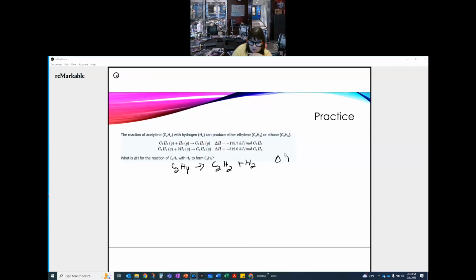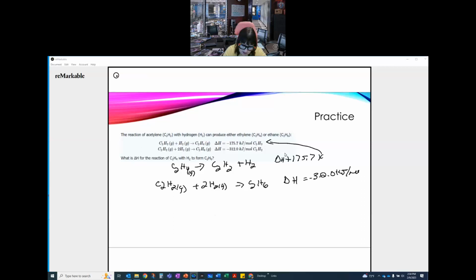That delta H is positive 175.7 because I reversed it. So I've changed this first one to give me that. And when I do that, I then take this C2H2 gas plus 2H2 gas to give me C2H6. This delta H equals negative 312.0. And of course, these are kilojoules per mole.